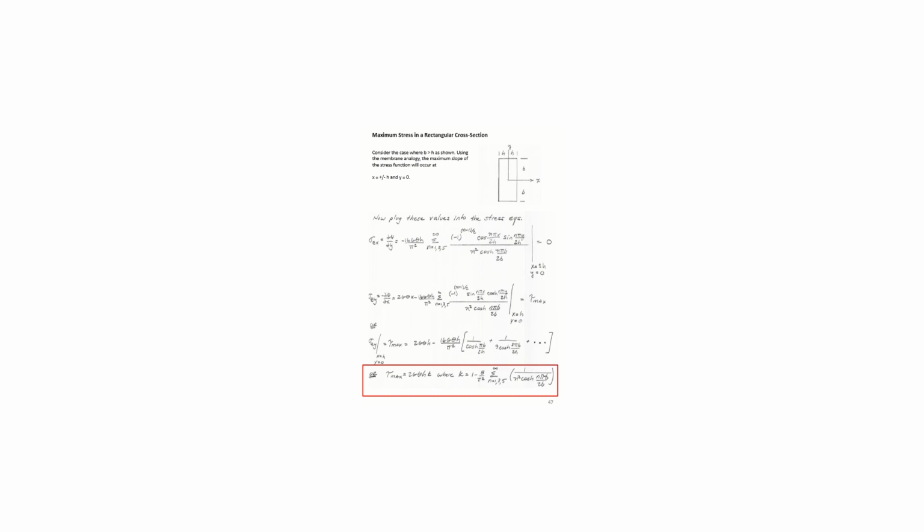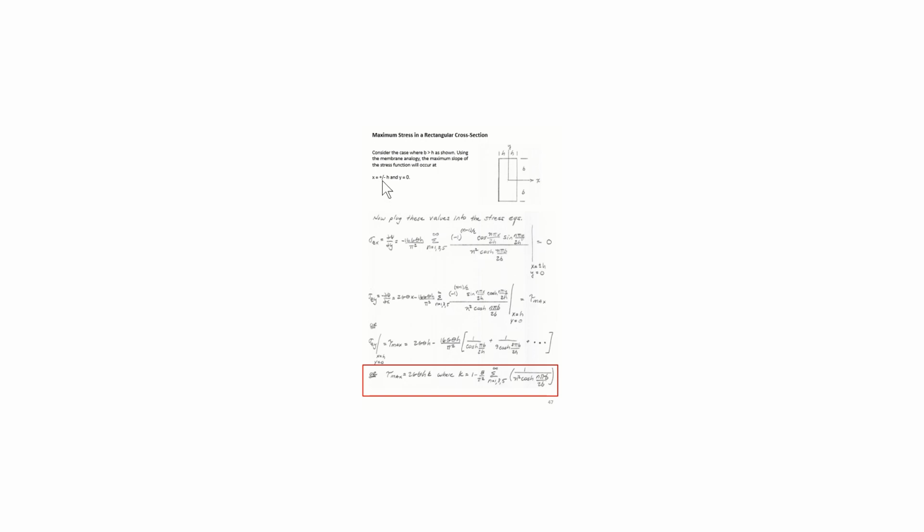So let's continue to look at this example problem. Here we're considering this cross section again, and we're going to plug the values that we just obtained into the stress equations. Here's sigma zx, and we get this expression here. For sigma zy, we get this expression here, which turns out to be a 0 and a tau max.